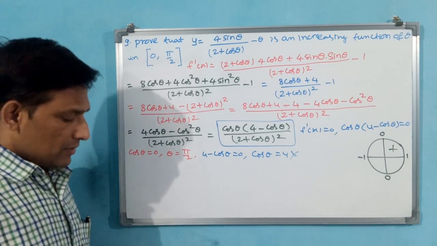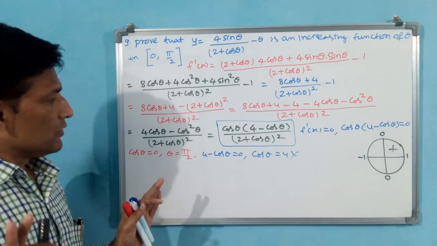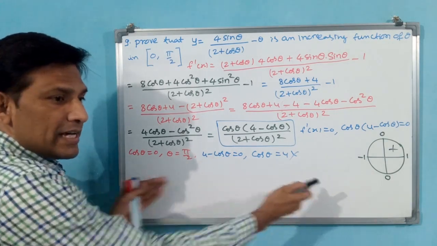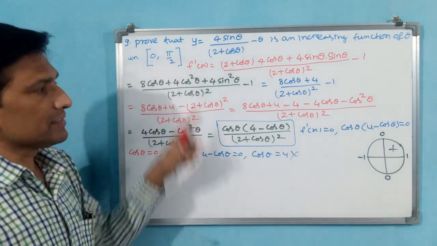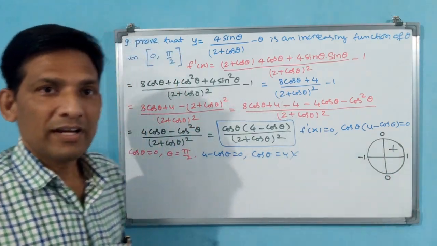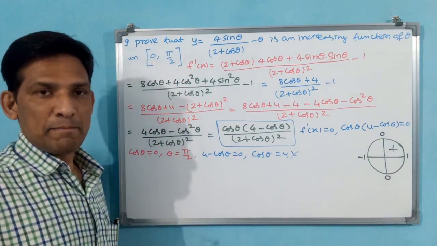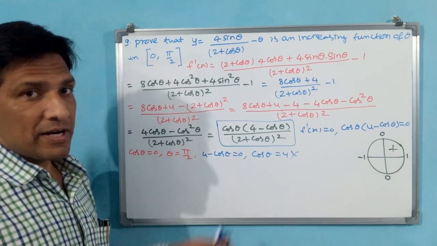Now you see, you cannot see pi by 2 on a real line, where you keep values on this side and that side. No, this is trigonometry. They have given the intervals, and in trigonometry you have to take intervals like this only, not like a real line. You understand? This is a little bit tricky, you have to understand it carefully.